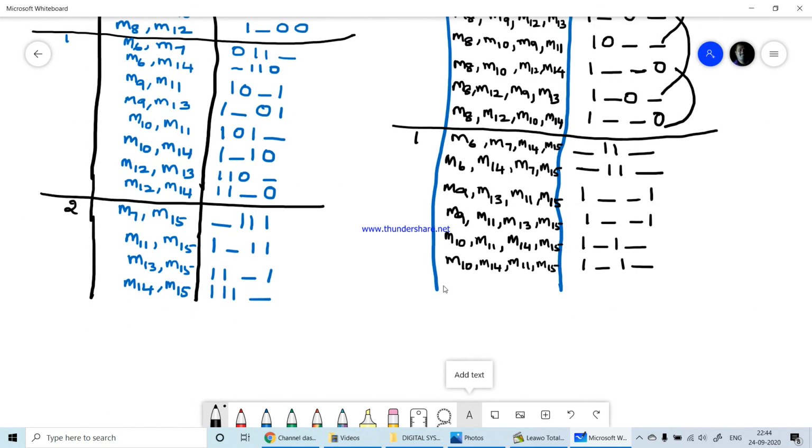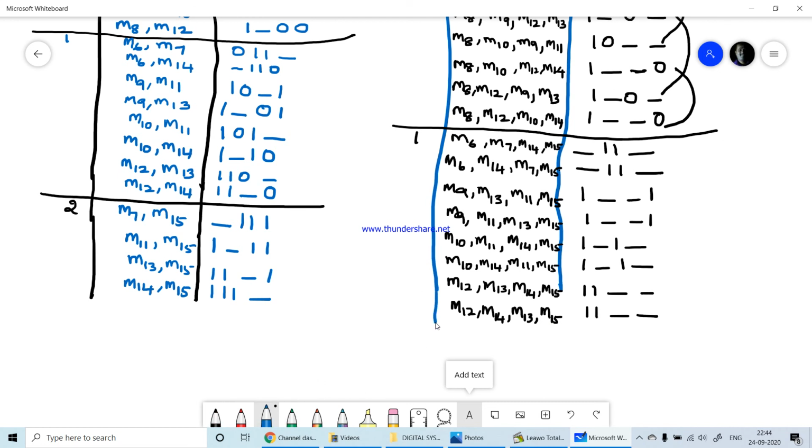Then you will have M12, M13, M14 and M15. So this will give me 1 1 dash dash. Then finally I have M12, M14, M13, M15. This will give me again 1 1 dash dash.